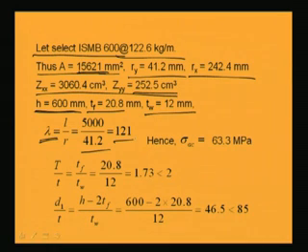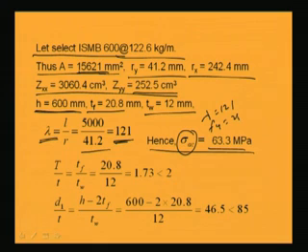Now for this lambda I can find out the sigma AC value as 63.3 MPa. The allowable compressive stress is 63.3 MPa for lambda equal to 121 and Fy equal to 250. For these two values in table 5.1 we get sigma AC as 63.3 MPa.